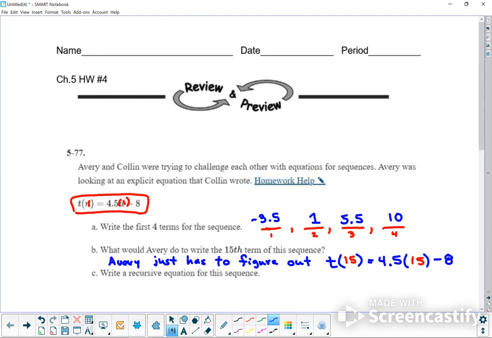Yes, it's that easy. We're not going to do that because it doesn't ask what the 15th term is. It just says what would he have to do. So you just have to figure out this part right here.